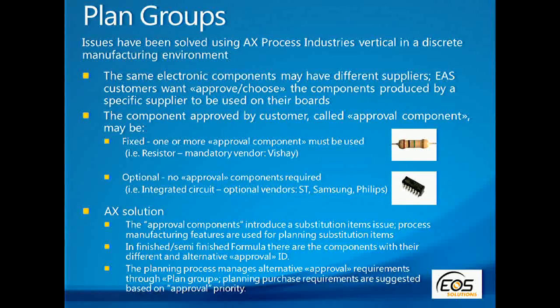In this scenario, we addressed the problem using two features of process manufacturing called plan groups and priorities. So what we are going to see in the next demo is how we classified the items in the formula in order to address this problem.